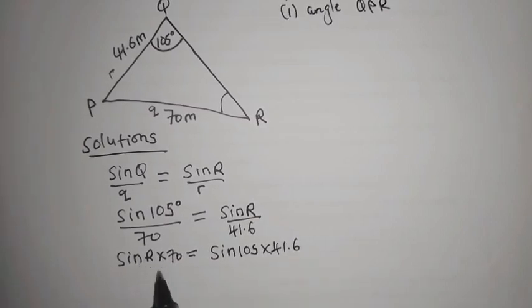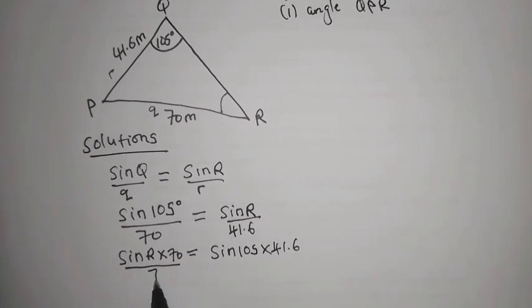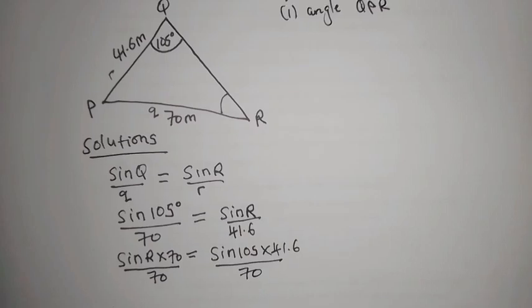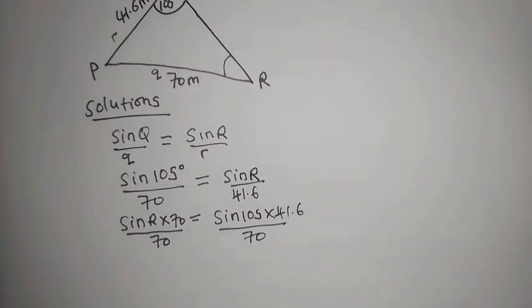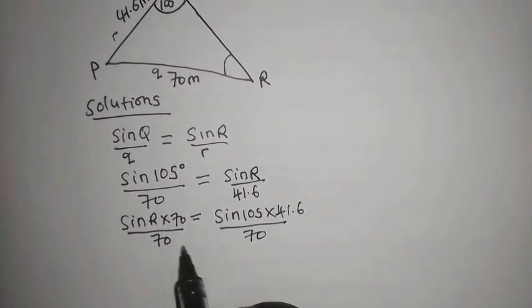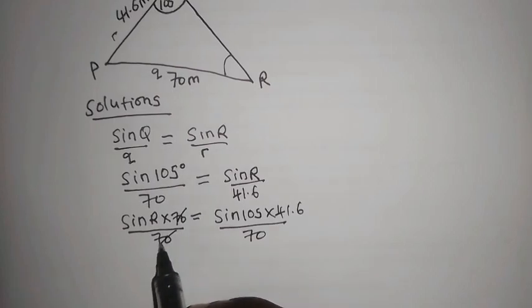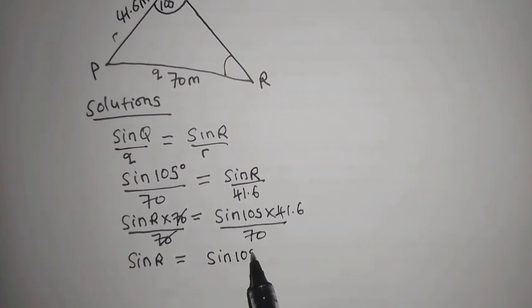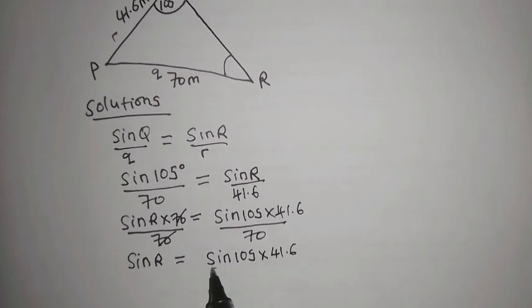I'm looking for sine R, so I can just divide both sides by 70. So sine R will be equal to sine 105 multiplied by 41.6 divided by 70.